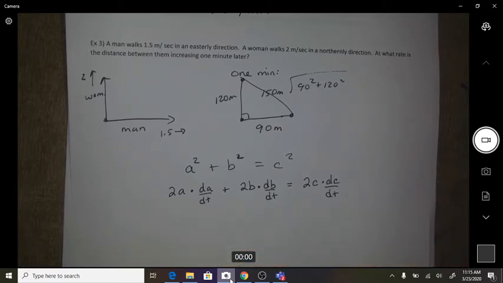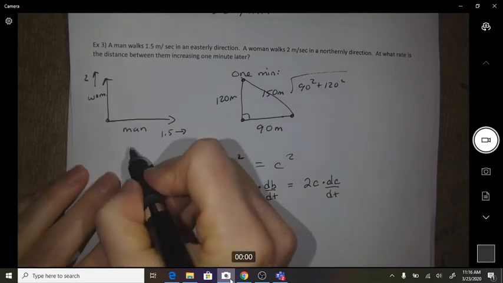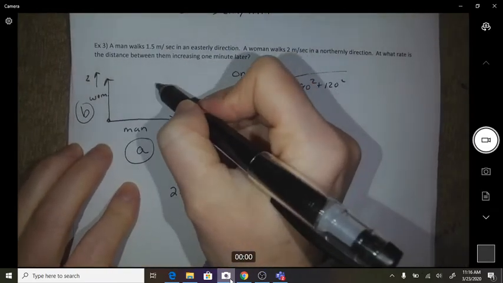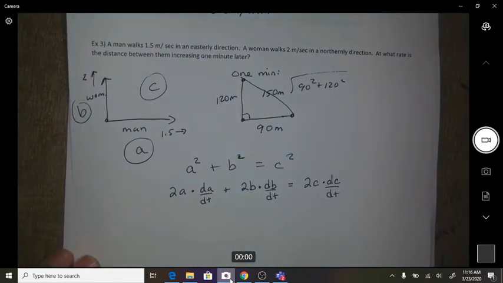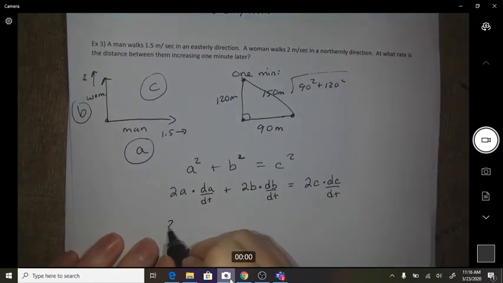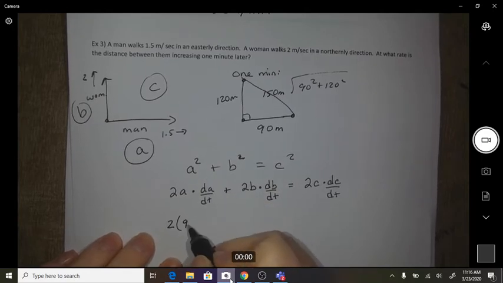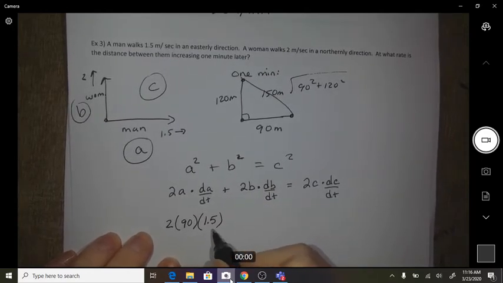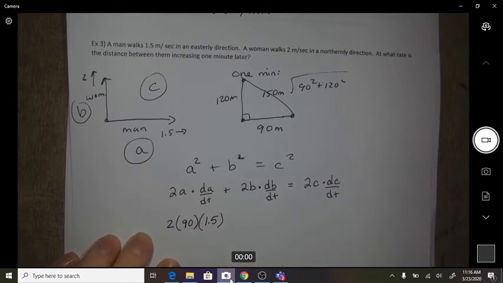Okay, so now I've differentiated it, and I'm going to fill in what I know. Okay, so let's label. A is the man, B is the woman, and C is the hypotenuse. Okay, so 2 times the a is 90 then, and that is changing at that pace.